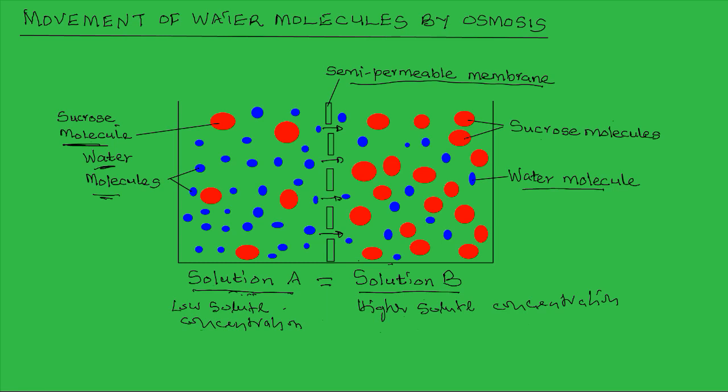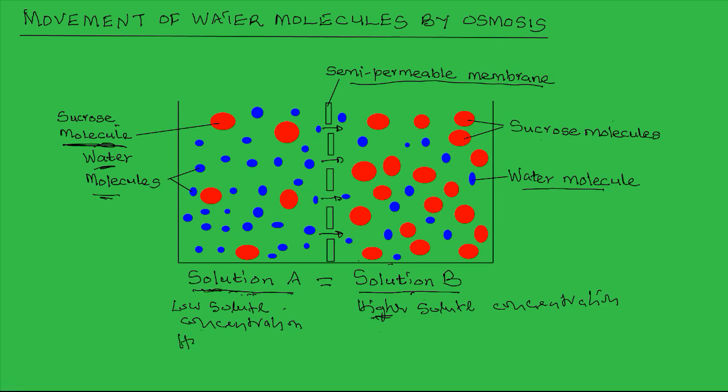Solution A is therefore said to be hypo, for below, and tonic, solute concentration, while solution B is said to be hyper, for above, and tonic, for solute concentration.